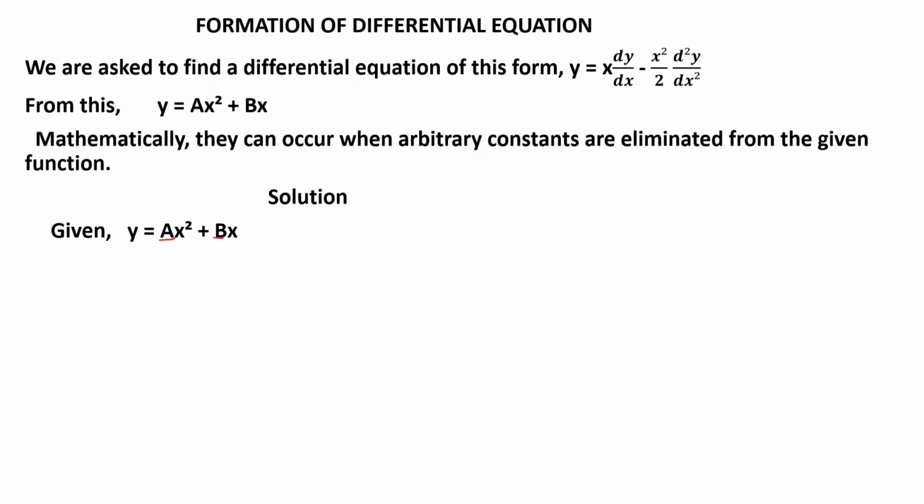We also need the first derivative and the second derivative. To get the first derivative, we need to differentiate once, then differentiate for the second time to get the second derivative.